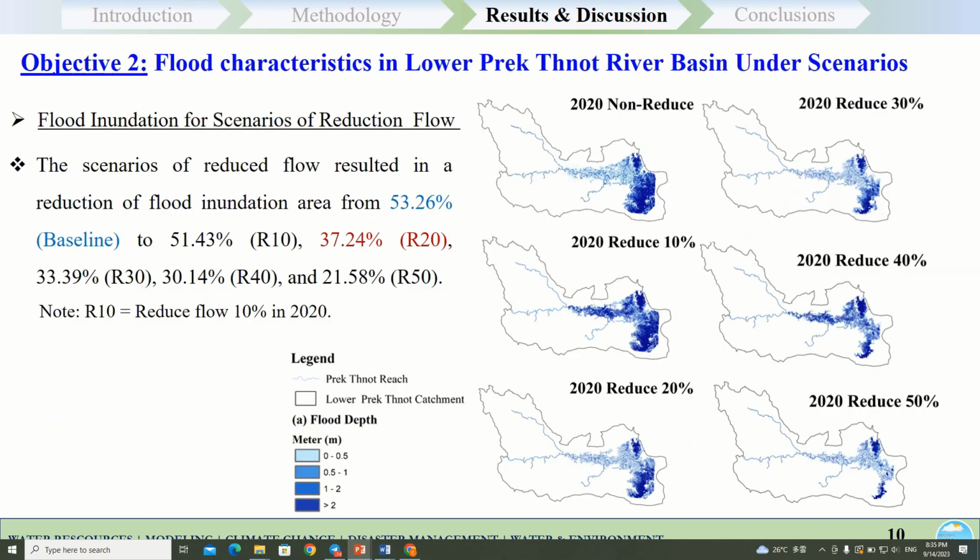Let's take a look at our second objective result. This is the result of our second objective. By reducing flow by 10% in our study, the flood area was reduced by around 2% compared to the baseline. However, after we reduce flow by 20 to 50%, the flood extent decreased by more than 16%.